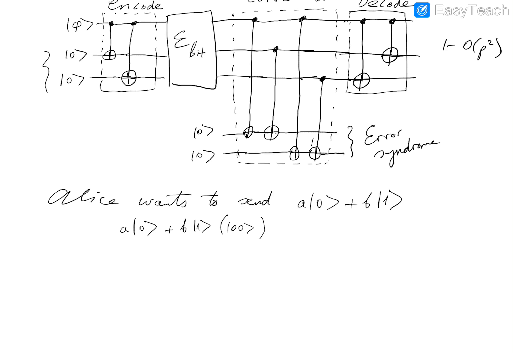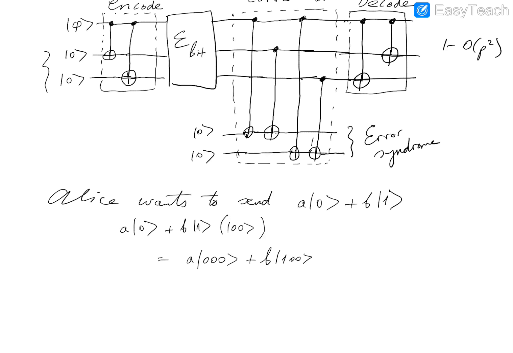So this is equal to a 0,0,0 plus b 1,0,0. So this is a compound state.